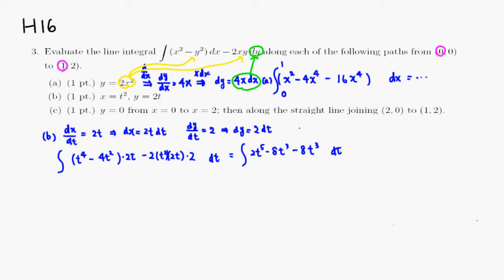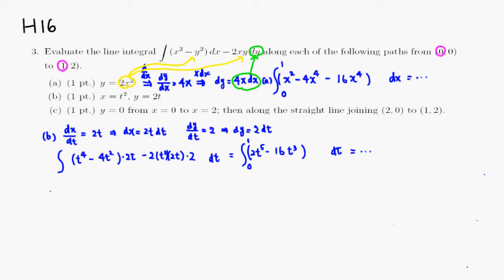So we can clean this up. There's a negative 8t cubed twice, so this is going to be 16 minus 16t cubed. And I'll let you evaluate this. t is going to go from, when x equals 0, it's 0. And when x goes to 1, t is going to be 1, so 0 to 1.